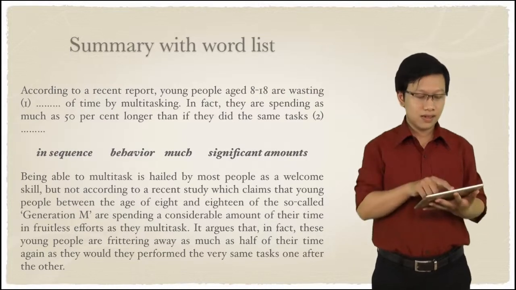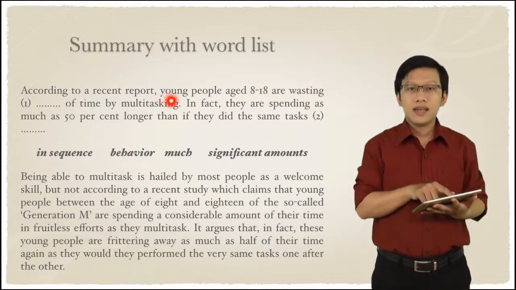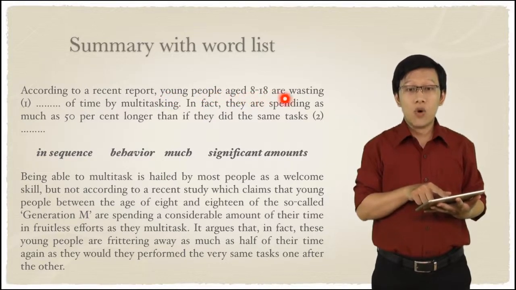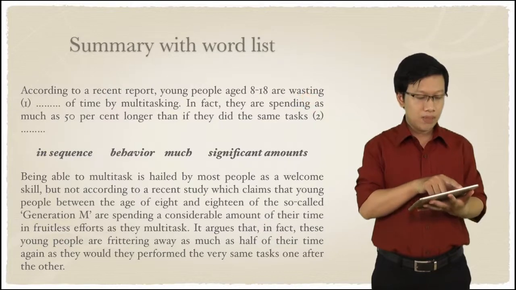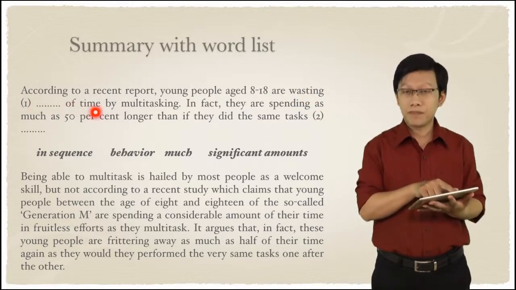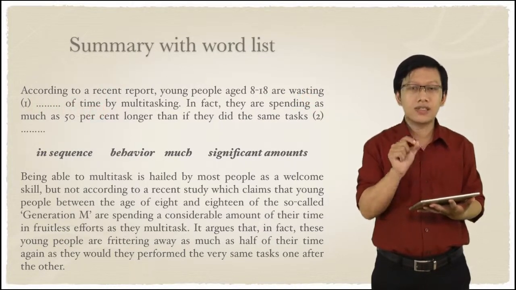Alright, let's say this together. According to the text, number 1, young people aged 8 and 19 are wasting blah blah blah of time. Something that goes with time.